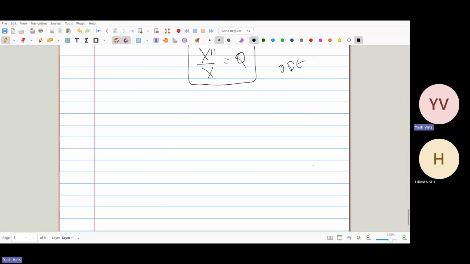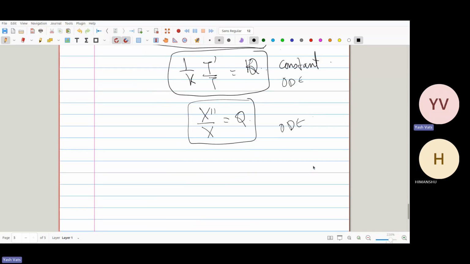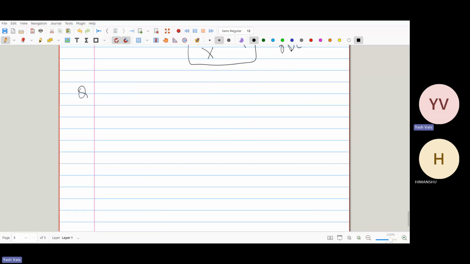You can also do similar work for the wave equation. I just write, use separation of variables to solve this wave equation.